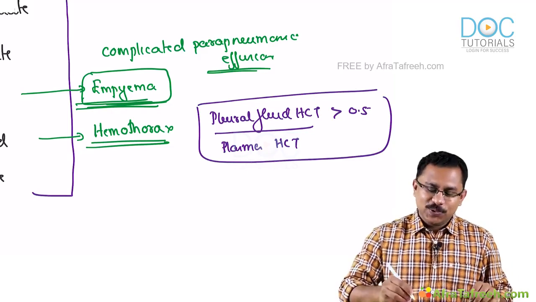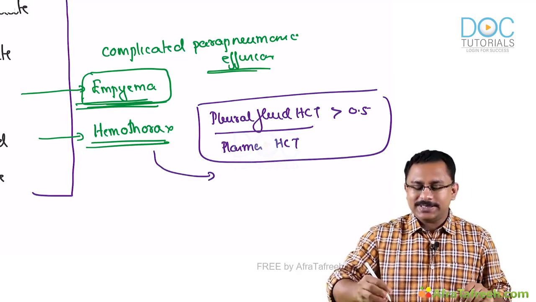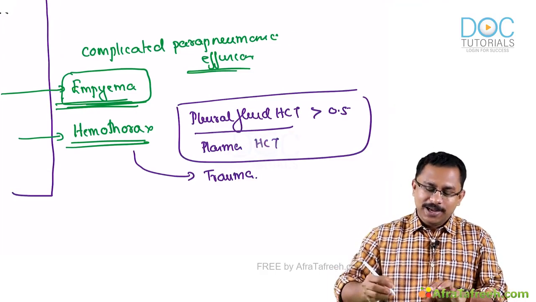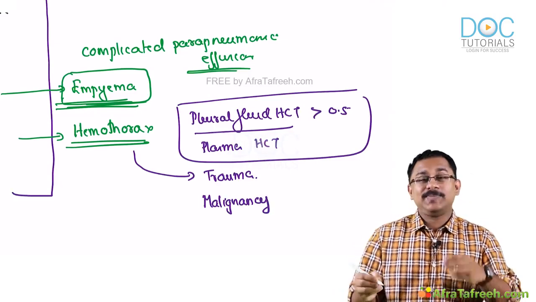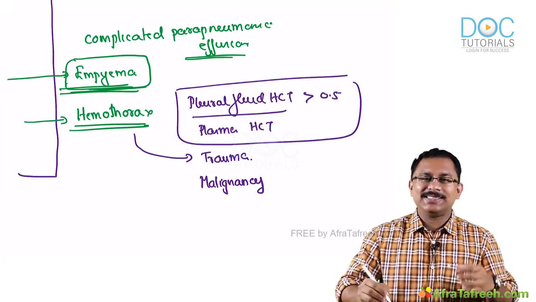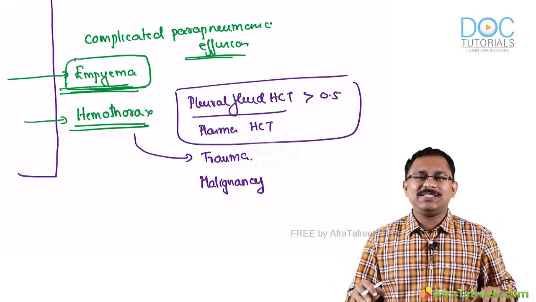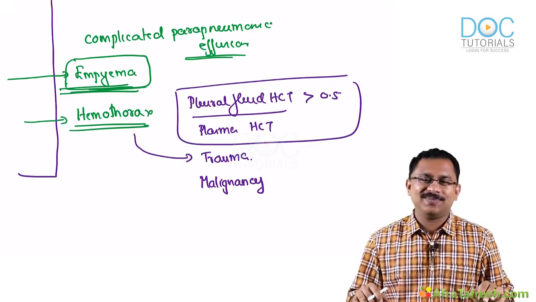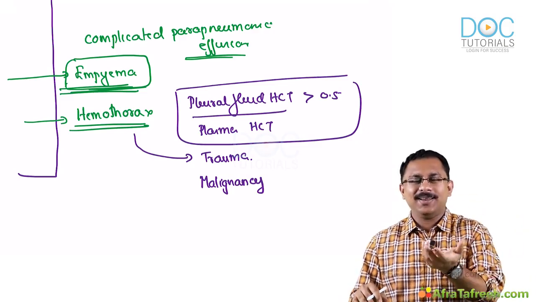Okay, alright. So this hemothorax or blood in the pleural cavity, what are the scenarios in which that can occur? Very important, you have trauma. You can have malignancies, because malignant effusion can be hemorrhagic, like a lung malignancy. And remember, malignancy associated pleural effusion is more commonly seen with the adenocarcinoma lung than a squamous cell carcinoma, because the adenocarcinoma lung is more peripherally located, as you would have learned in pathology.